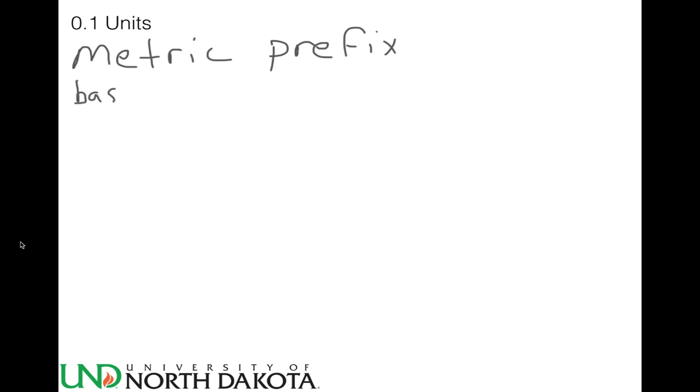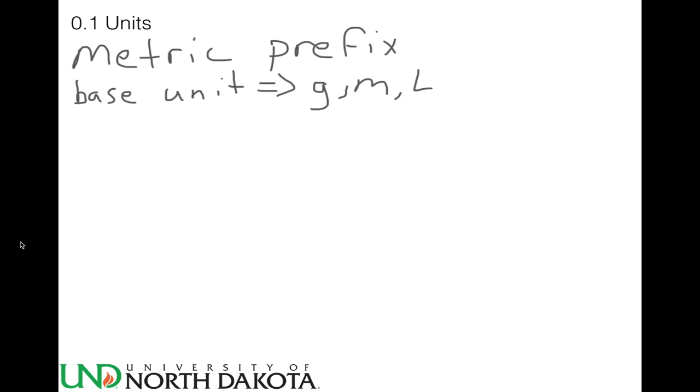When I say base unit, this is one of the fundamental SI units given a magnitude of 1. And all fundamental SI units except the kilogram is also a base unit. So the kilogram is actually 1,000 grams, and the base unit with a magnitude of 1 would be the gram. So examples of base units are the gram, the meter, the liter, etc. So these are units that do not have a prefix in front of them.